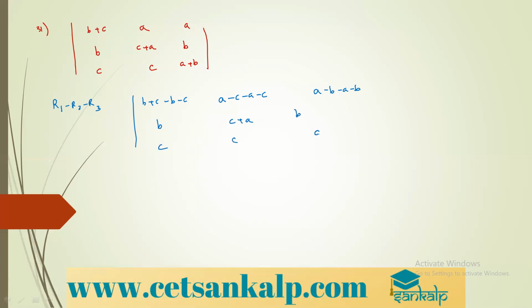There will be no change. Then you can notice B cancels, C cancels, A cancels. Here also A cancels. And so you have 0, minus 2C, minus 2B; B, C plus A, B; C, C, A plus B.